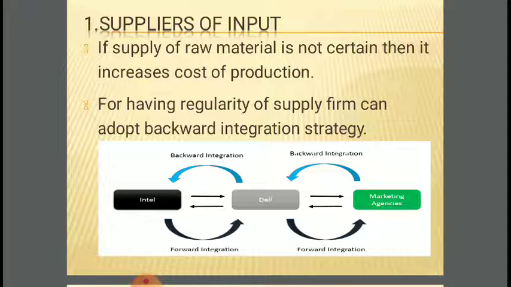How is it possible? See, if the supplier provides us qualitative raw material, then and only then will we be able to produce qualitative finished goods, and in that way our customer will be satisfied, and if this continues then it will result in expansion of business. So the supplier affects the expansion of a business to a great extent.